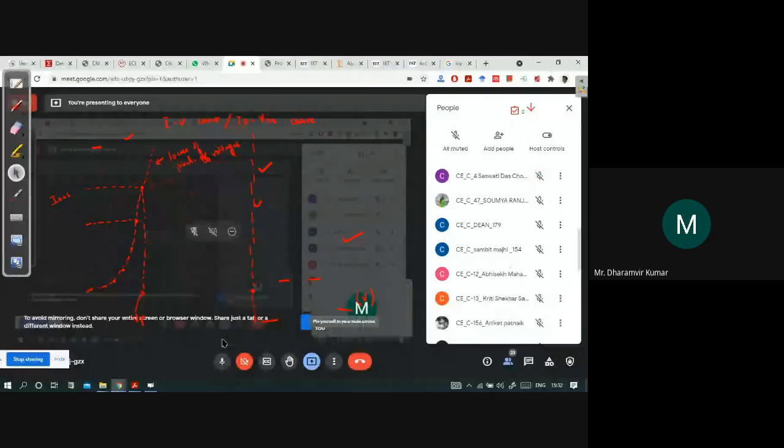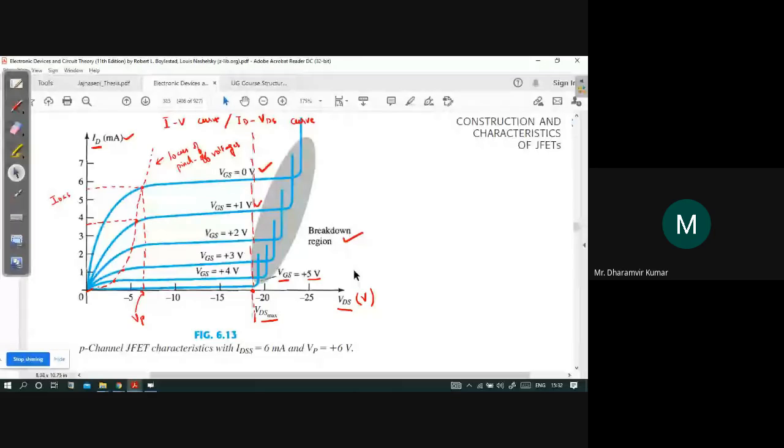Okay, so I was at this curve for P channel JFET, right? And IDS is 6 milliampere, so this will come at around here. And VP, similarly, is plus 6 voltage, the pinch off. So this is the similar curve I can write.